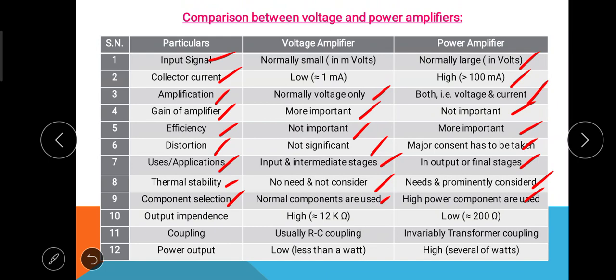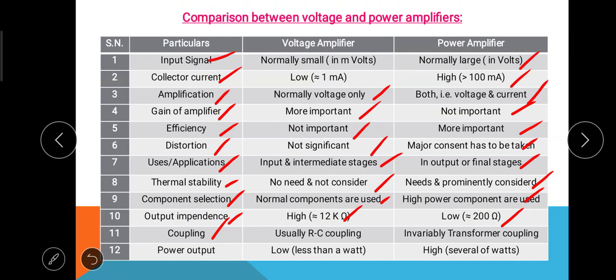Next, the 10th particular is output impedance. In voltage amplifiers, output impedance is normally high and its typical range is a few kilo ohms. But in case of power amplifiers, this output impedance is normally low and its typical range is a few hundred ohms.